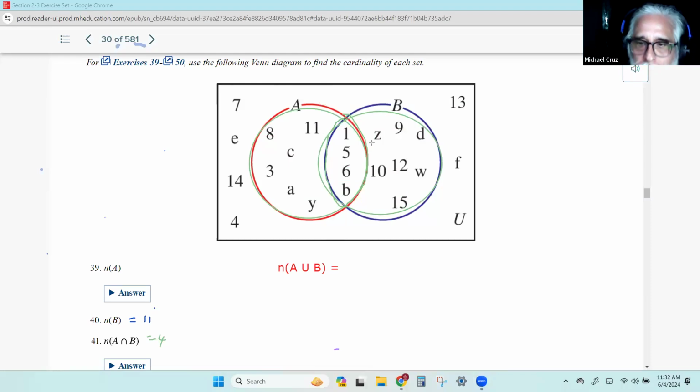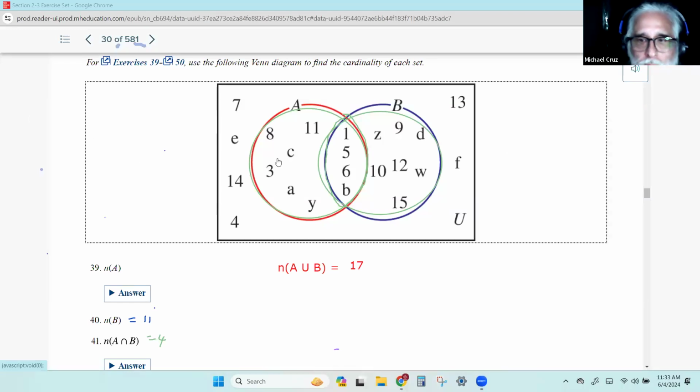The union is all of them. So we got 1, 2, 3, 4, 5, 6, 7, 8, 9, 10, 11, 12, 13, 14, 15, 16, and 17. Does that sound right? Did I miss anything? I'm going to come back and check them. So 1 through 17.